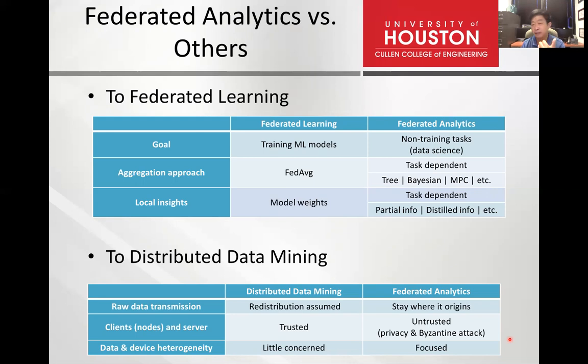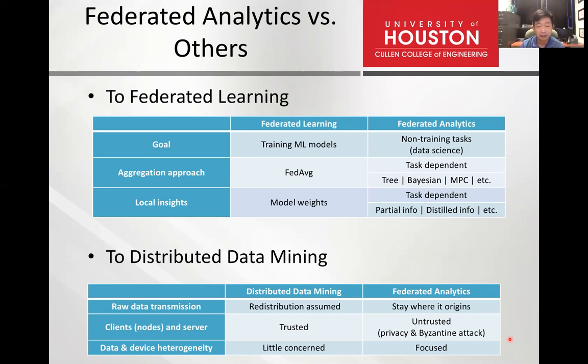They can use a tree, Bayesian, MPC, whatever the case, so it's more data analysis. For local insight, in model learning it's just the model weights, and in federated analysis it's more task dependent, with partial or distorted information, and so on. So you can see that federated learning becomes more sophisticated with deeper data science.